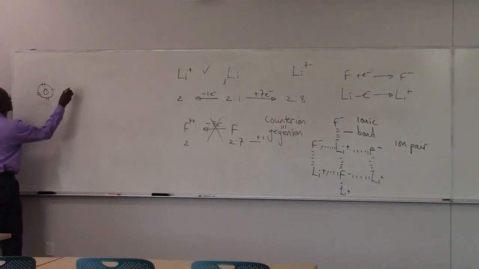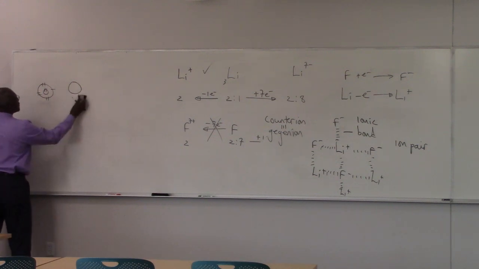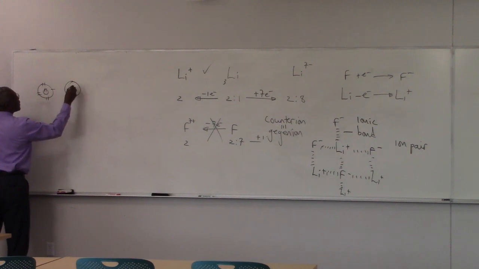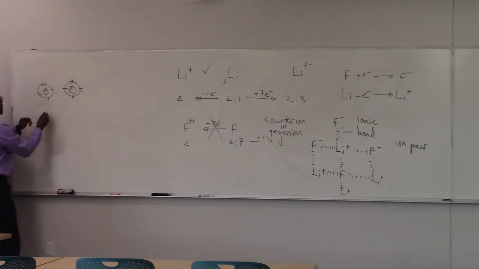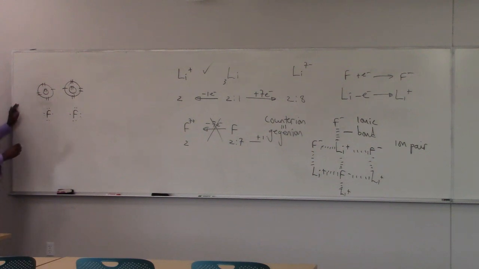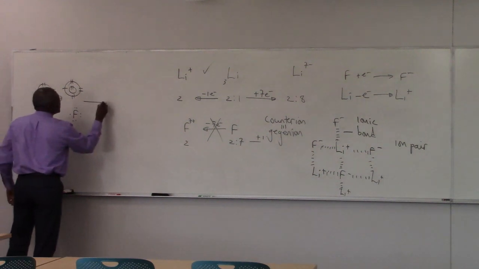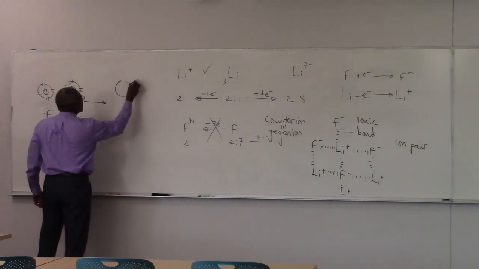So two fluorine atoms could very well coalesce. This is F with my 1, 2, 3, 4, 5, 6, and 1 electron, and then 1, 2, 3, 4, 5, 6, and 1 electron. They could very easily coalesce to form something that we will draw like this.